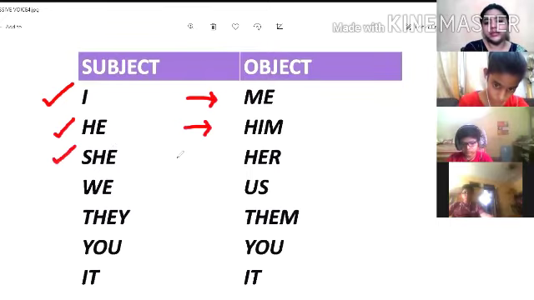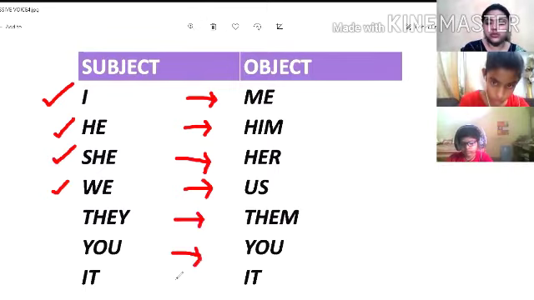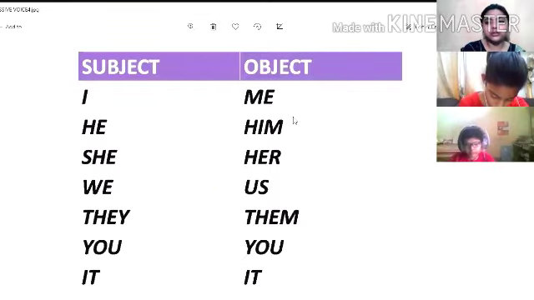Then she, what will be the object form of it? Her. If you see we as the subject in the active voice, it changes into us. Then they changes into them, and you changes into you only. You remains you only, and it also remains it only. So you have to keep this in mind, and we will move on.